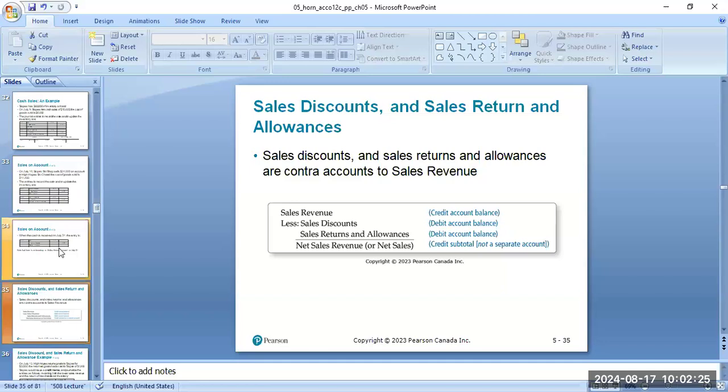On the income statement, you don't have to show them if you don't want to, but you have to put net sales, which will be the sales revenue less sales returns and allowances less sales discounts. And you want to show net sales revenue or net sales, just as it says.